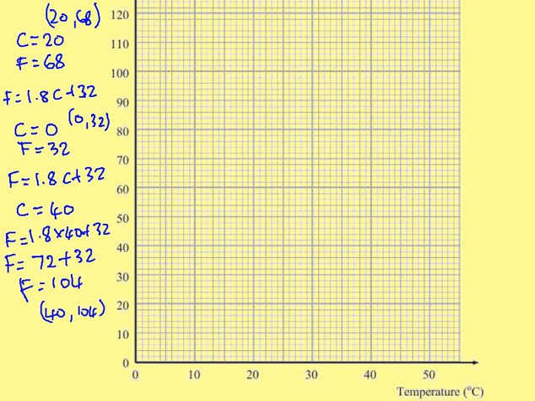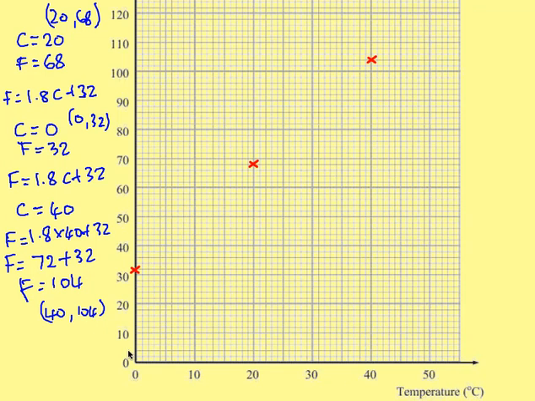So I'm going to first plot the point 20 in temperature centigrade, 68. And then I'm going to plot 0, when the centigrade temperature is 0, the Fahrenheit temperature is 32, and when my centigrade temperature is 40, my Fahrenheit temperature is 104.